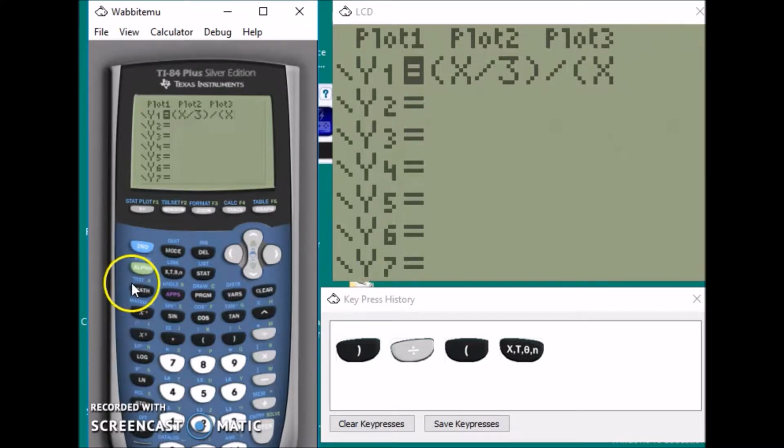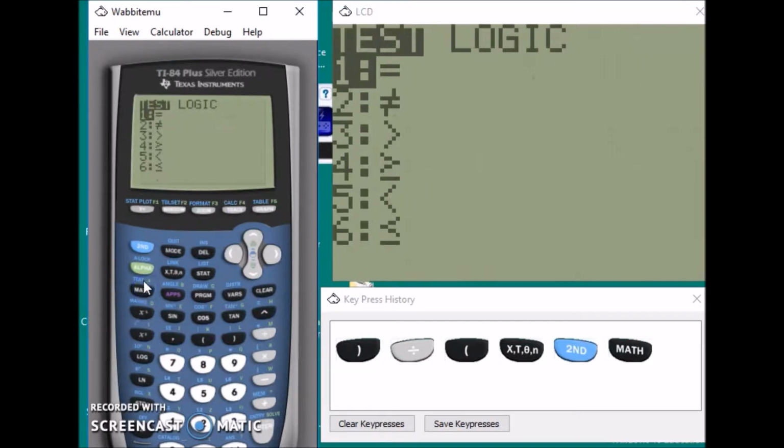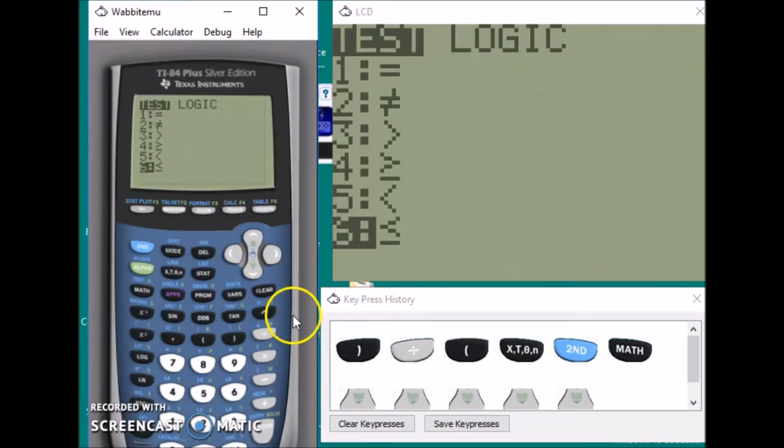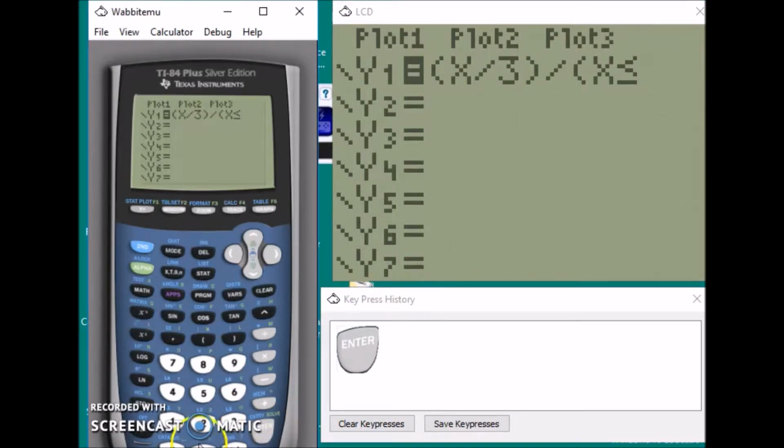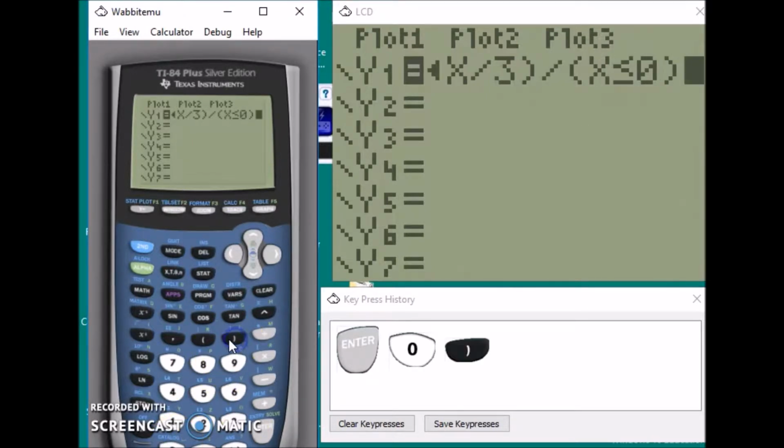You're going to use the word test. What word, class? So second math. Now you're going to put in the inequality. So we had less than or equal to. And then it said 0. Close the parentheses.